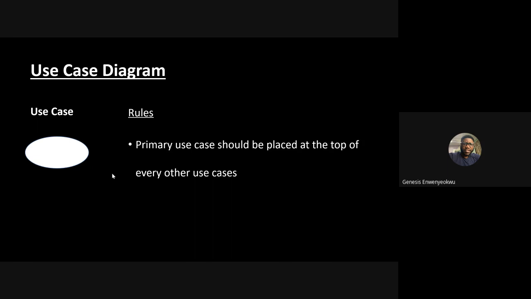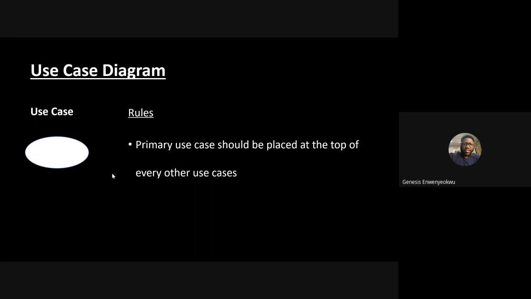Most times, it is either the account creation, that is the create account use case, or the login use case. So you must ensure that the primary use case is the very first use case that you place on top of every other use case in your diagram.